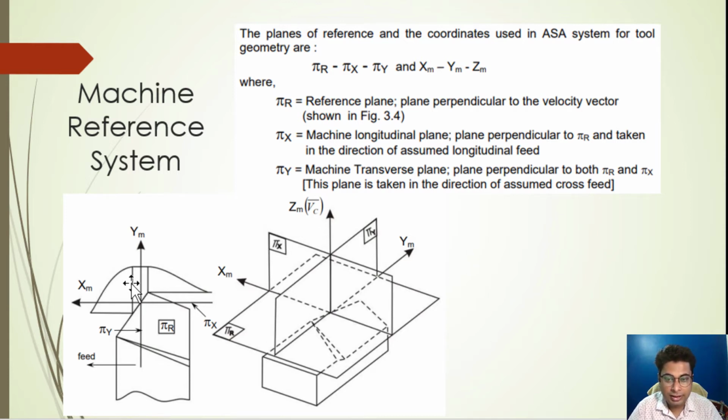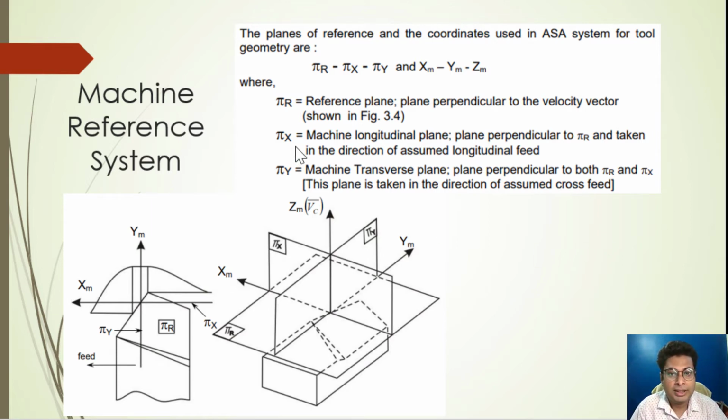Whenever the workpiece is rotating like this, there is a velocity vector, VC, acting in this direction. The plane perpendicular to the velocity vector is known as your reference plane.